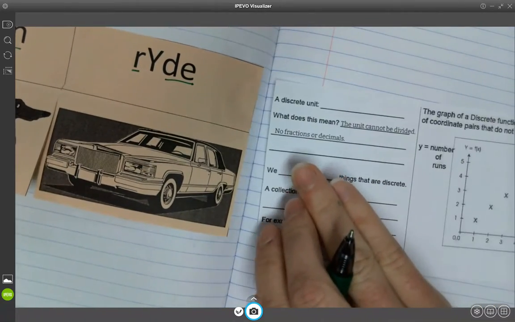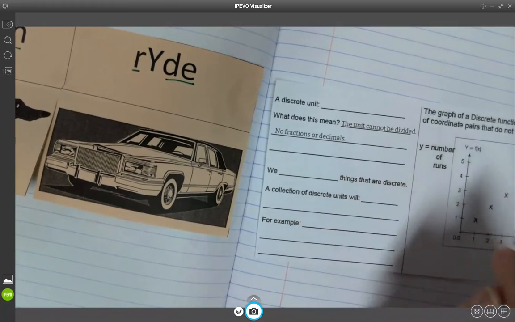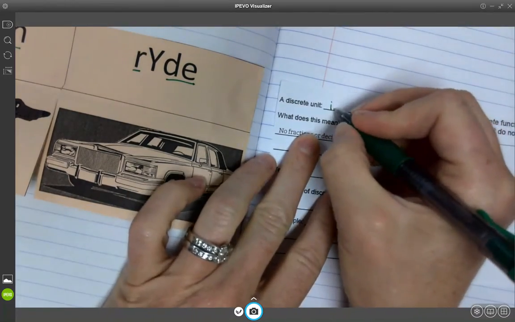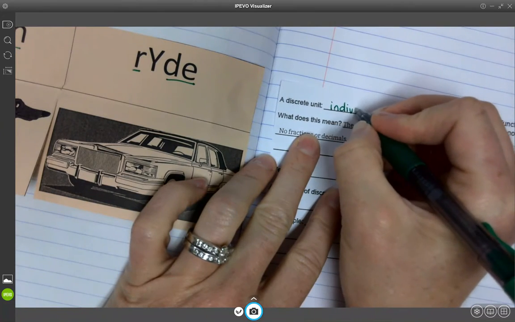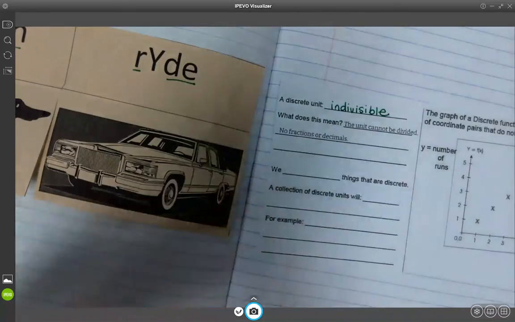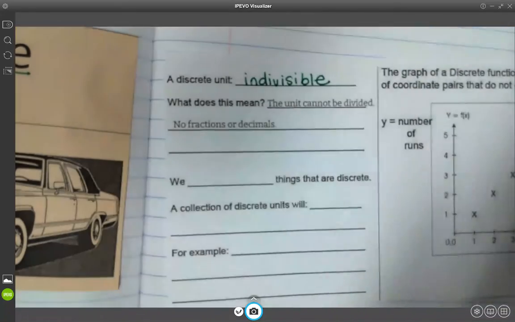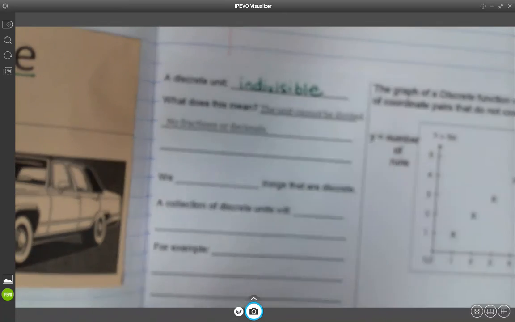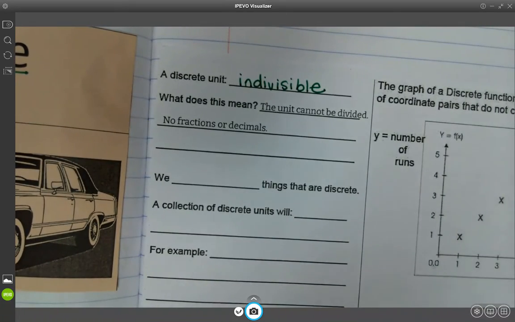So the first type of data we're going to look at is called discrete data. A discrete unit is indivisible. Where have you seen the word indivisible or heard it? Yeah, in the pledge.